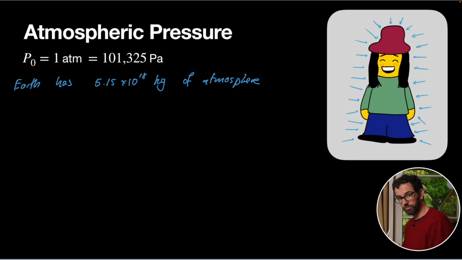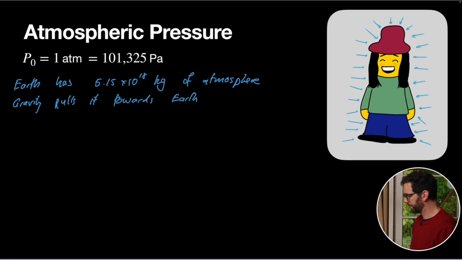Obviously that atmosphere is not floating off into space. It's because gravity is keeping it down. So that means there's a net downwards force, or force towards the center of the Earth from gravity, pulling the atmosphere in. But we know from our study of forces that there must be some other force that counteracts that in order to keep the atmosphere stable and in equilibrium.